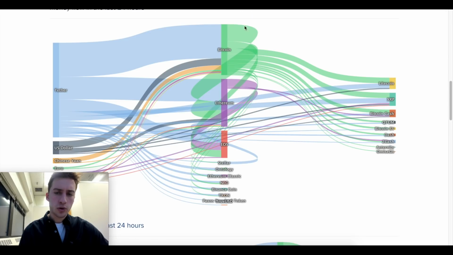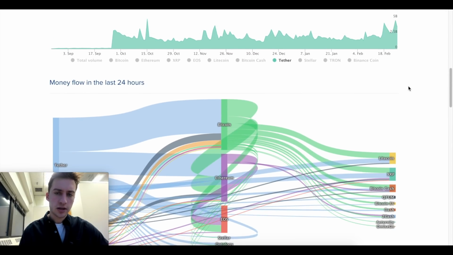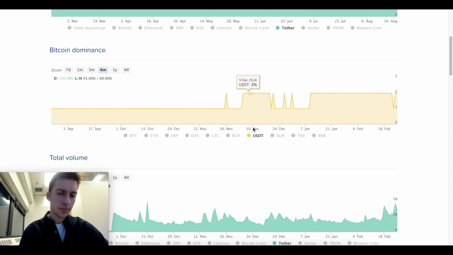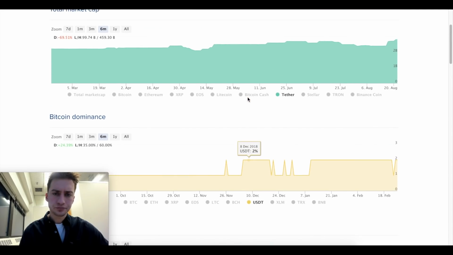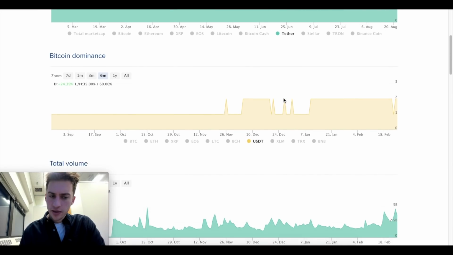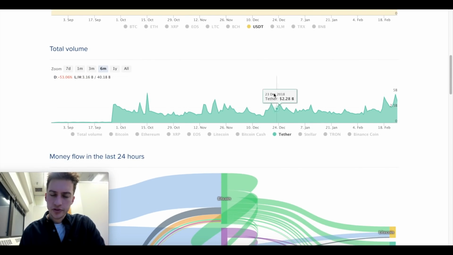If you want to know any more about Tether and the effects it does have, I would recommend taking a look at the Tether dominance, and also looking at the market cap of Tether as well. I think that you can also get some clues from that. Also, volume spikes on Tether I found to be significant. Typically, when I saw a major volume spike on Tether, that led to a reversal.